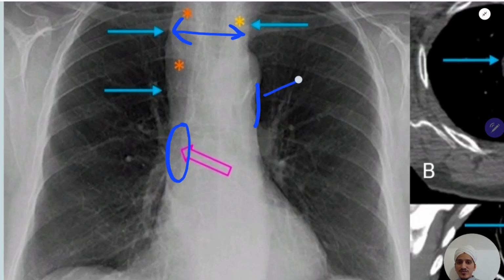If you are confused about whether there is obliteration in the hila, just look at the aortopulmonary window. If it is convex, then definitely the mass is in the middle mediastinum.